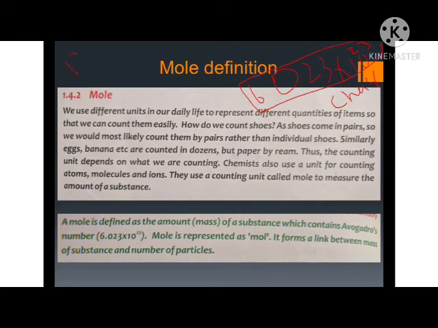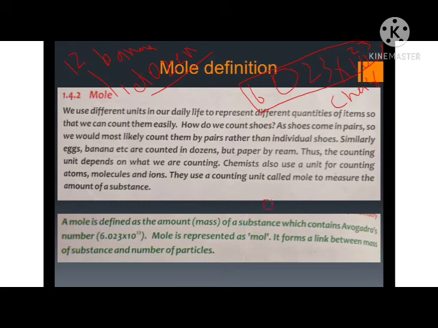For example, if we consider 12 bananas, then we say that this is 1 dozen. 1 dozen means 12 bananas, and 1 mole of cheers means 6.023 into 10 raised to power 23 cheers. This is a numbering unit, just like dozen, which is equal to 12.